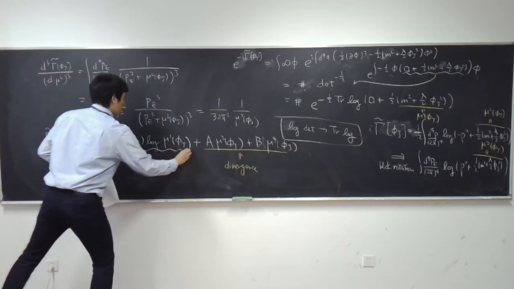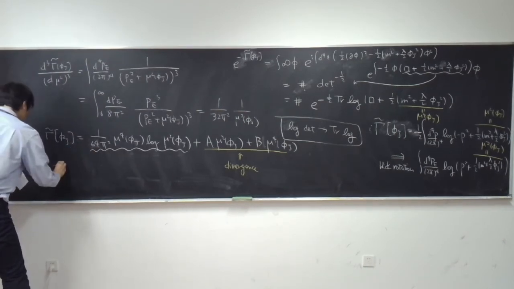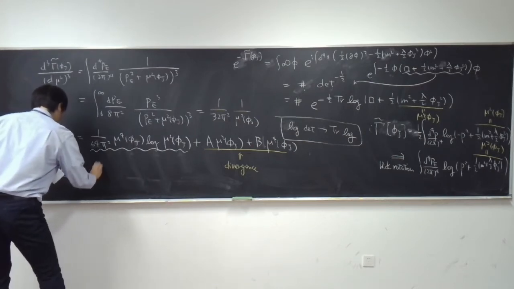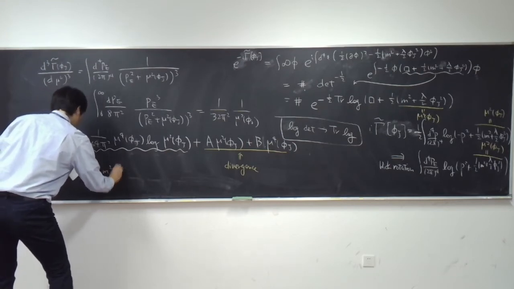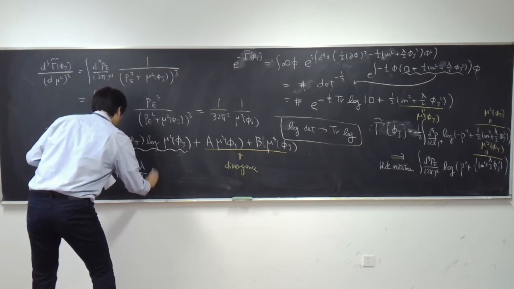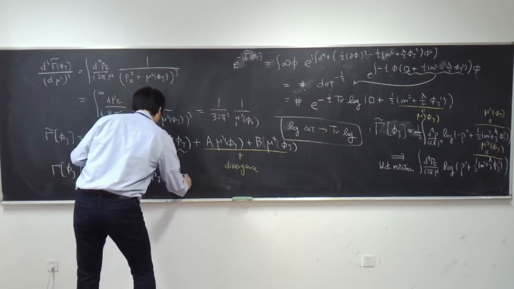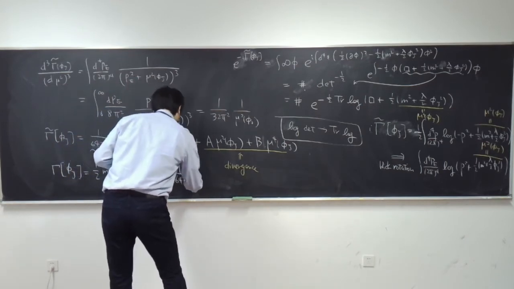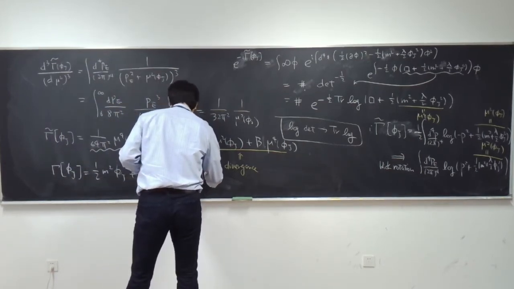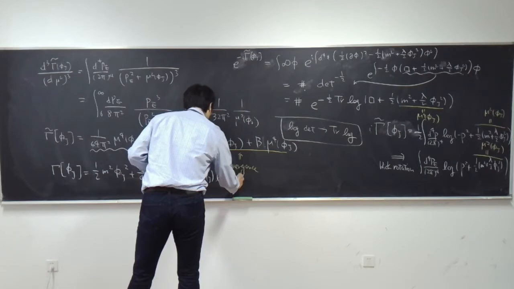Okay. And restoring the phi_j dependence from last time, I already erased the yellow part, so what you will get is 1/2 m square phi_j square plus lambda over 4 factorial phi_j to the fourth plus 1 over 64 pi square, and then mu to the fourth, and log of mu square over phi_j.